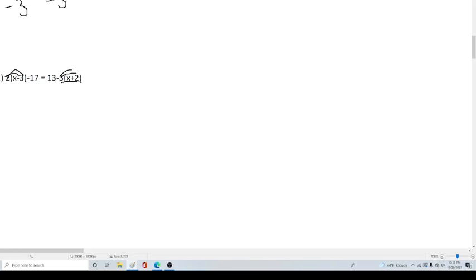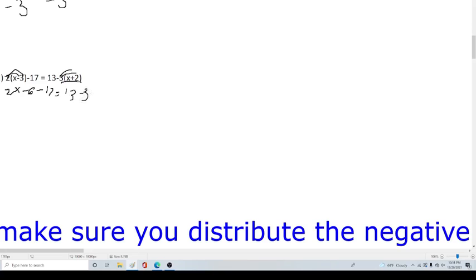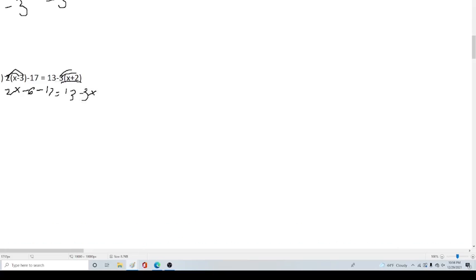The 2 on this side will distribute itself to the x and a minus 3. So that gives us 2x minus 6 minus 17. It's going to be equal to 13 minus 3x, and minus 3 times 2 is minus 6.